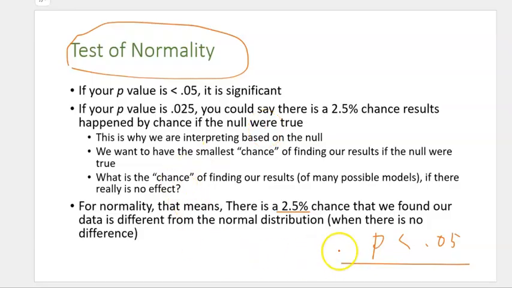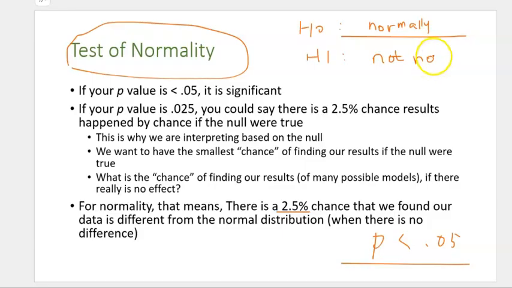Here you can see that p is less than 0.05, which is significant. But in the normality test, there is a null hypothesis and an alternative hypothesis. The null hypothesis is that the data is normally distributed, so normality is assumed. The alternative hypothesis is that the data is non-normally distributed.